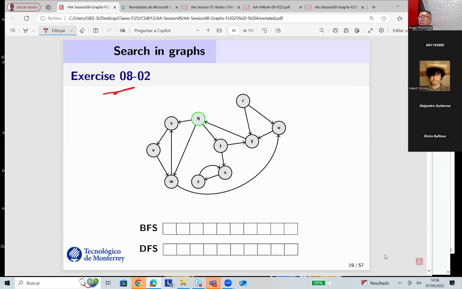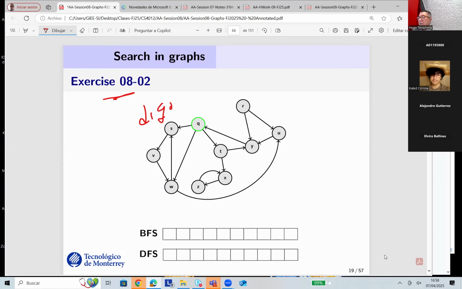That you can try. Right now, I have a graph. It's going to behave more or less the same, except that I need to look for the direction of the graph. For example, for BFS, I'm starting here.